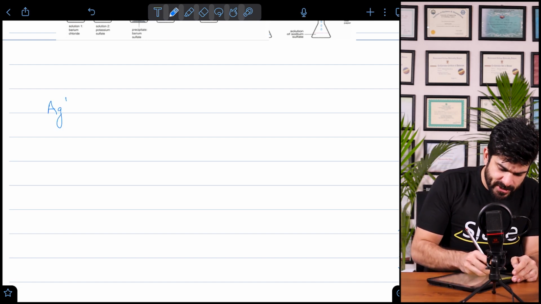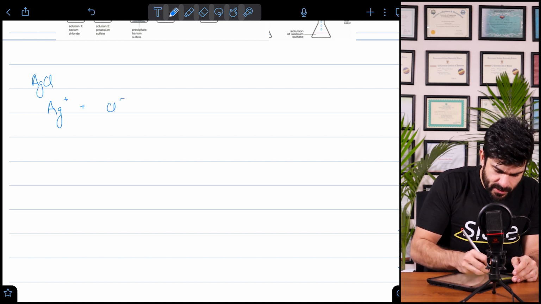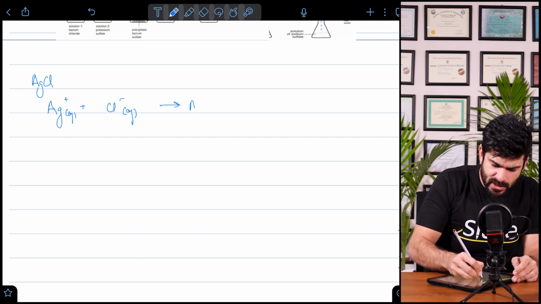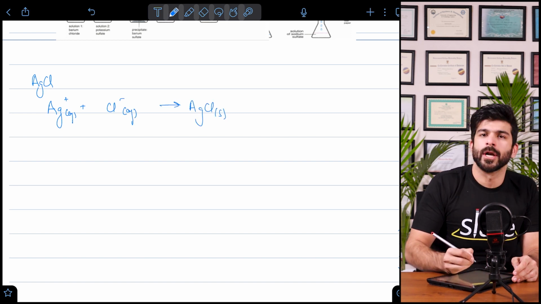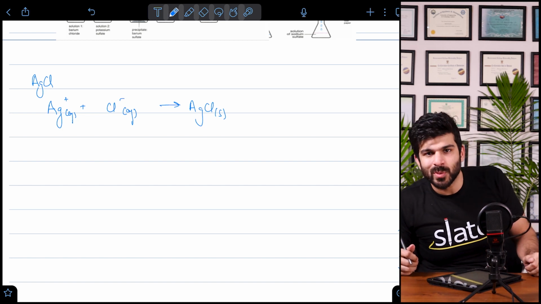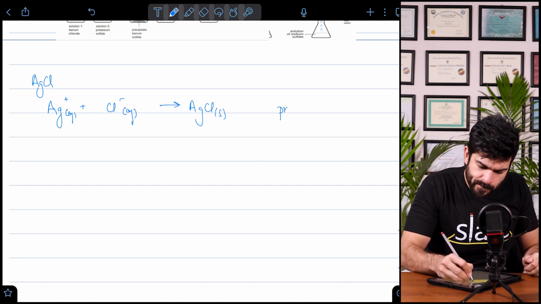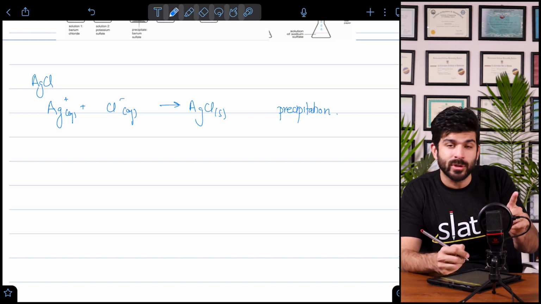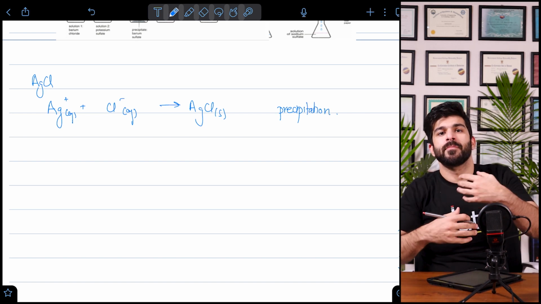If it's a silver chloride precipitation, you can just write Ag ion as aqueous, chloride ion as aqueous, and AgCl as solid. So you can do it that way as well. This is the case for precipitation reactions. You should solve various examples so that the concept gets into practice for you.